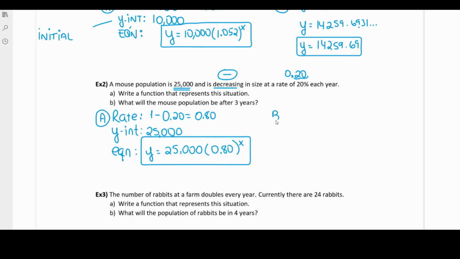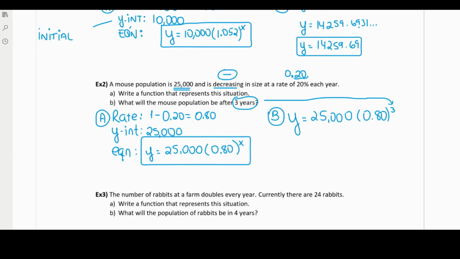Now we're going to do letter B. Letter B, basically we copy the equation that we have found, but instead of x, we're going to substitute the x with the number that the problem gives us. And this case is 3 years. So instead of x, we're going to put 3 for the exponent.